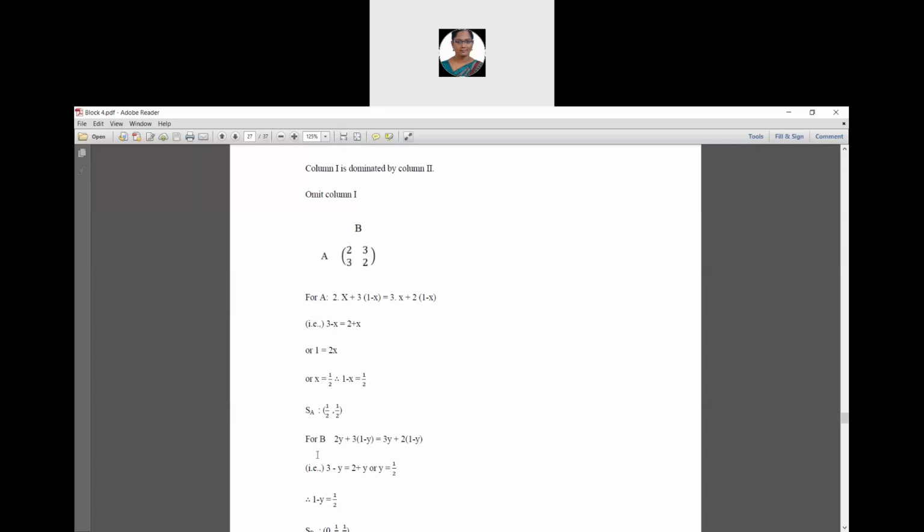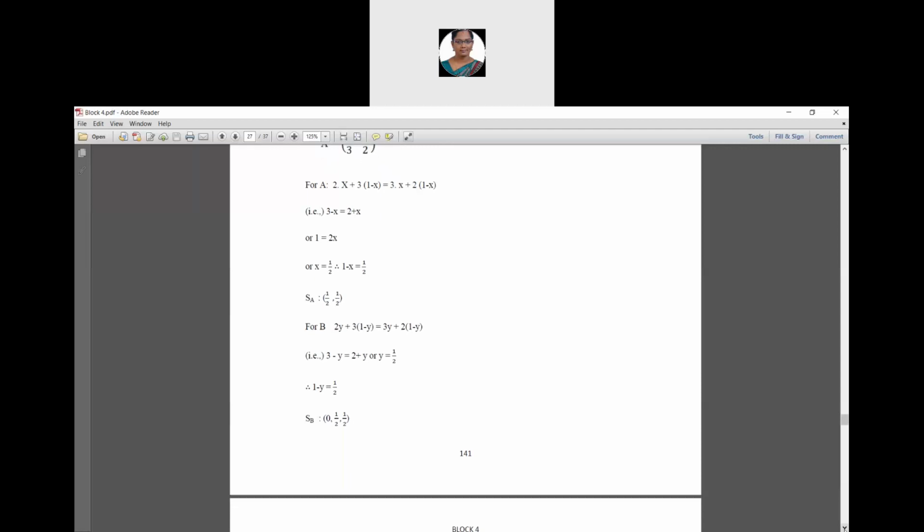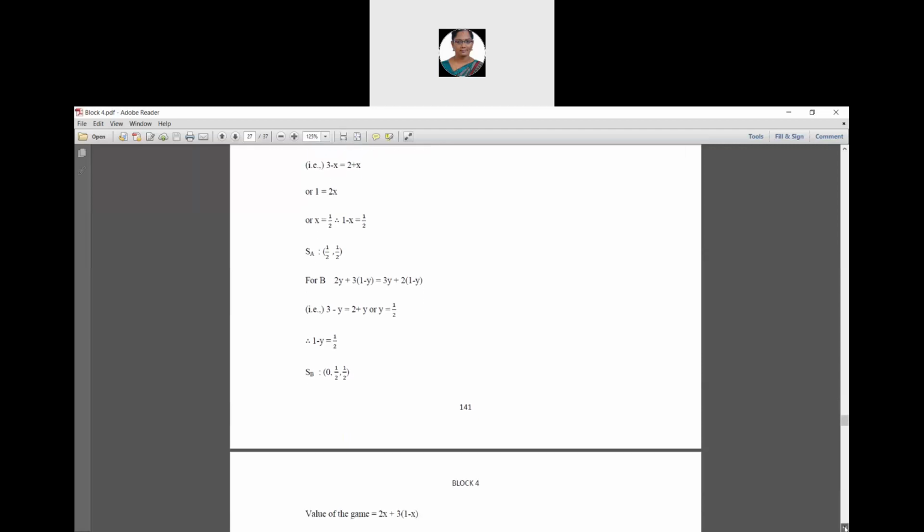Then for B, 2 into y plus 3 into 1 minus y equal to 3y plus 2 times of 1 minus y. Therefore, y is equal to half and 1 minus y is also half. So, strategy for B is 0, half and half.